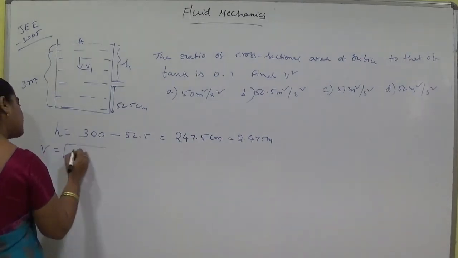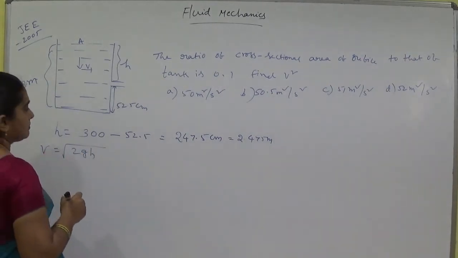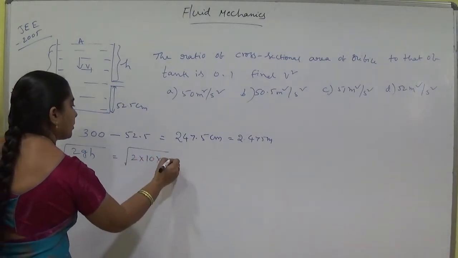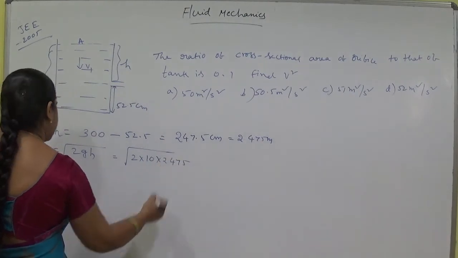Torricelli's principle: V is equal to root of 2GH. 2 into 10 into 2.475.